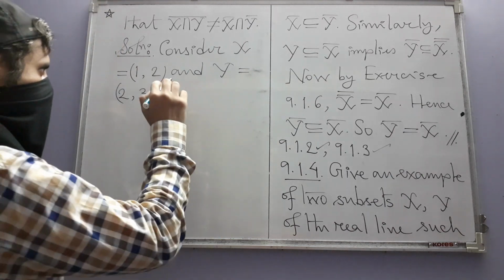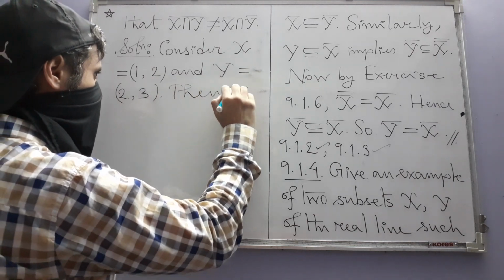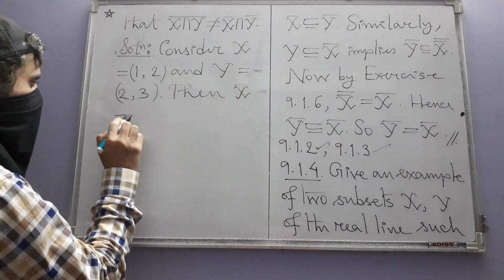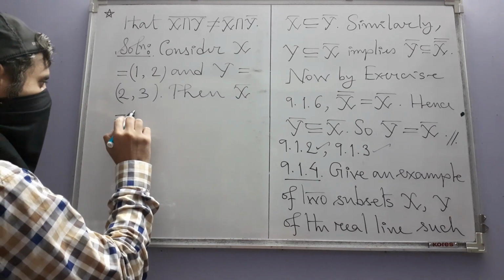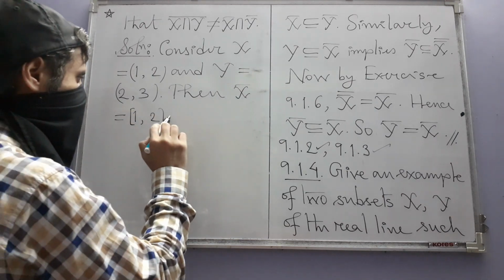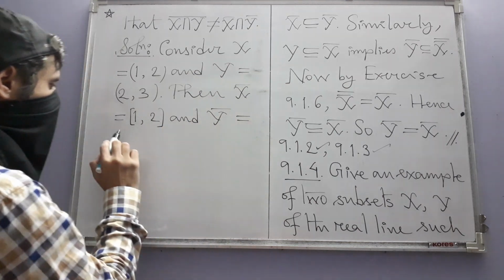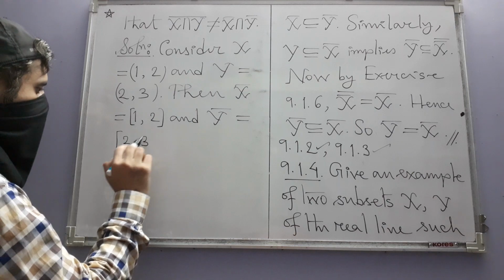So from there we get this. Then x closure is the closed interval and y closure is this closed interval.